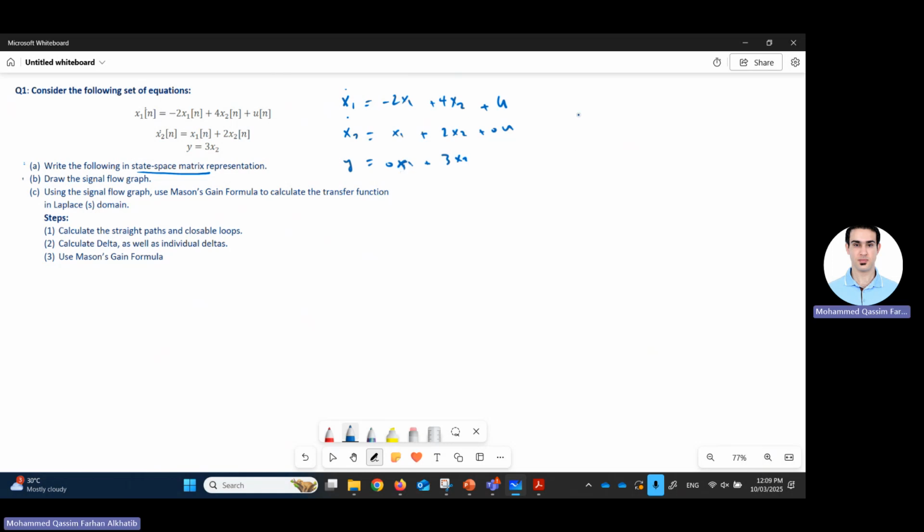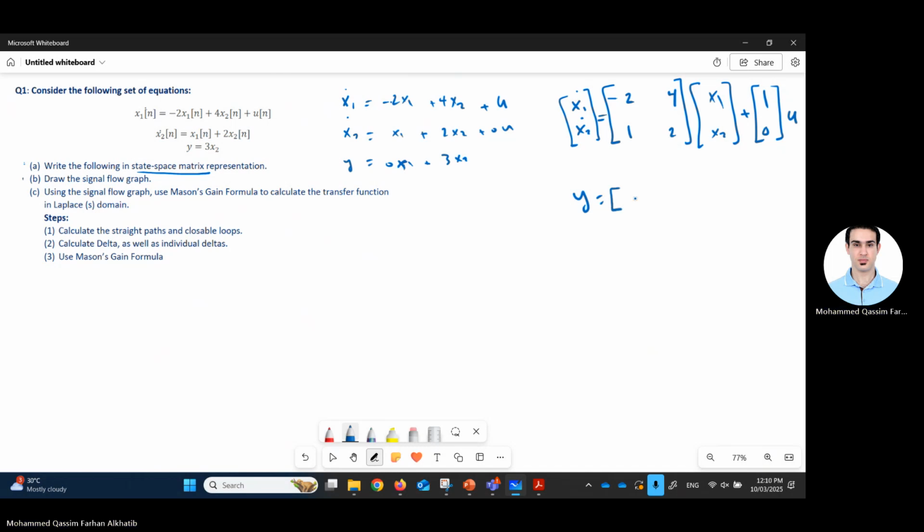All right, so in this case, x1 prime, x2 prime equal negative 2, 4, 1 and 2, x1, x2 plus 1, 0, u, and y equals 0, 3, x1, x2 plus 0 u. And that's it. So that's the first part.